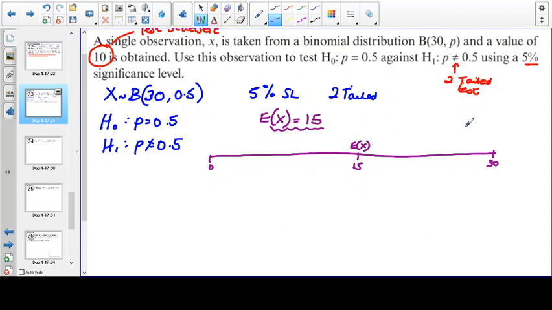So potentially there are two critical values. There is a number here whereby anything less than that would fall in our critical region here. So this is our critical region.